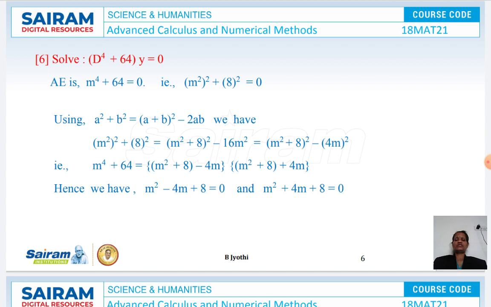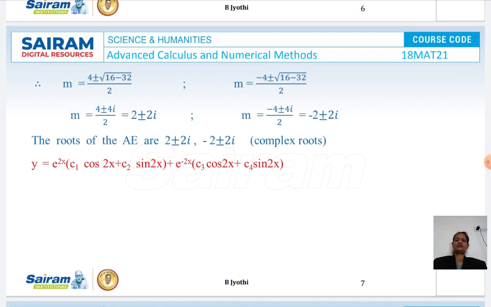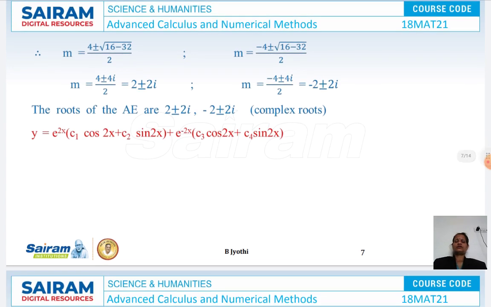On simplification, we get m^2 - 4m + 8 = 0 and m^2 + 4m + 8 = 0, which on solving we get the roots 2 plus or minus 2i and -2 plus or minus 2i. That's the complex roots. Hence, the general solution is given by y = e^(2x)(c1 cos 2x + c2 sin 2x) + e^(-2x)(c3 cos 2x + c4 sin 2x).